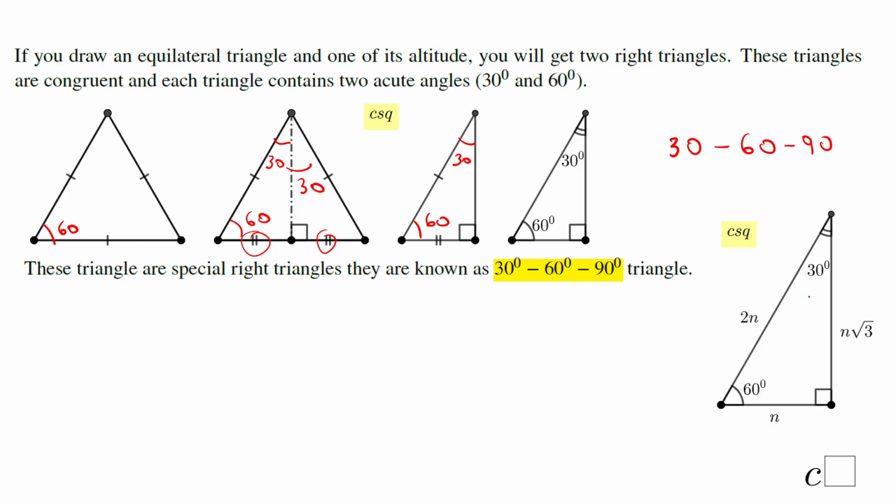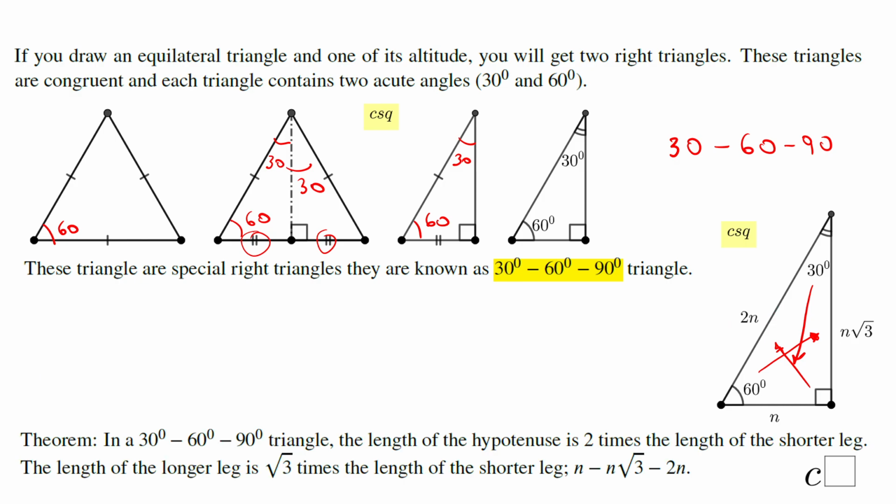On the opposite side of the 30-degree angle is the shortest leg, and on the opposite side of the 60 degree is the longer leg, n square root of 3, and the hypotenuse, which is obviously on the other side of the 90-degree angle, is 2n.